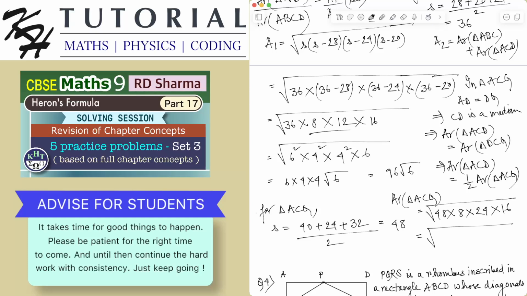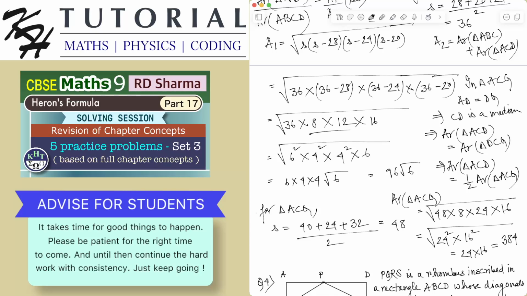So 48 is 24 into 2. So we have 24 squared multiplied by 16 squared. So this is equal to 24 multiplied by 16, which, I will use the calculator, is 384. 384 is the area of the triangle ACG.